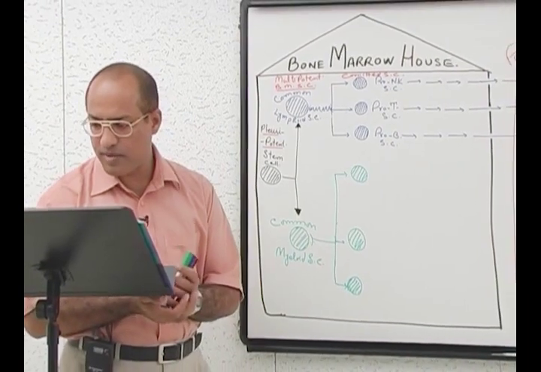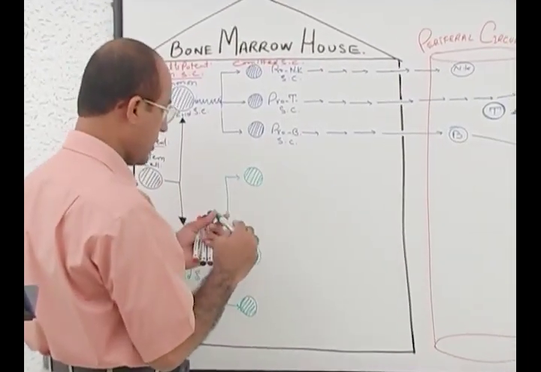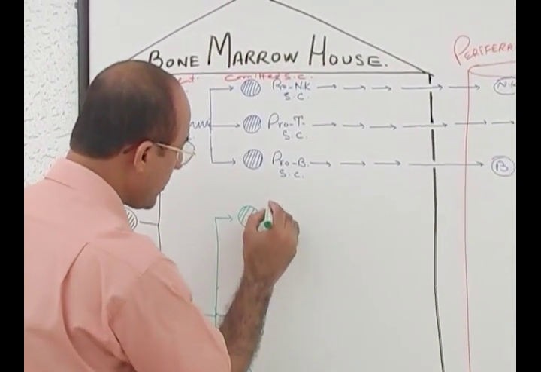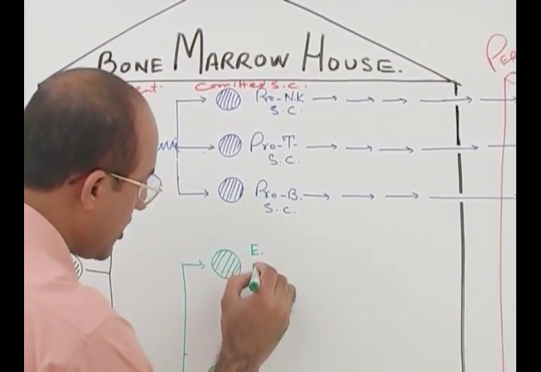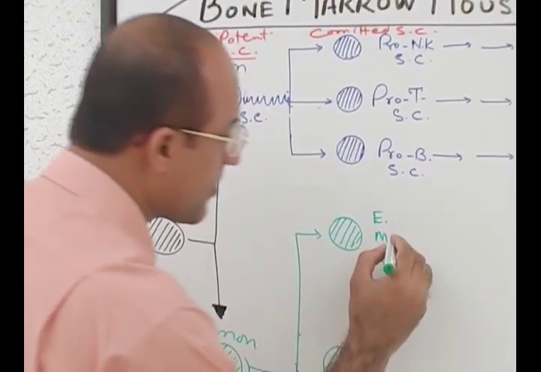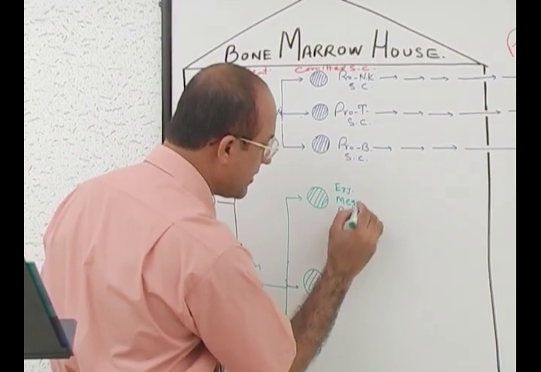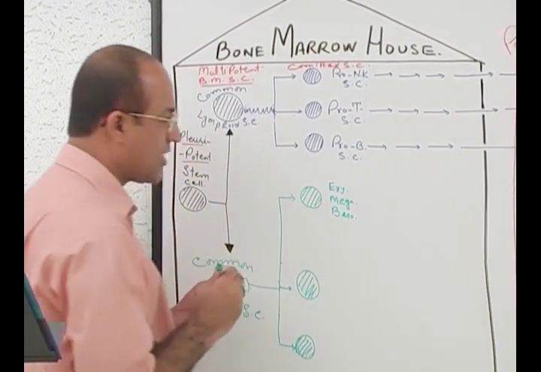First is erythroid, megakaryoid, basophilic. Erythroid, megakaryoid and basophilic. What does it mean?